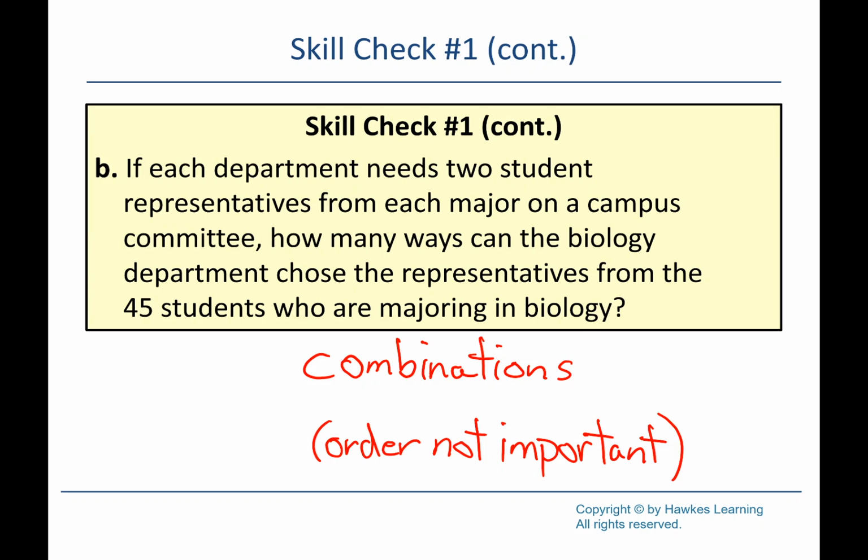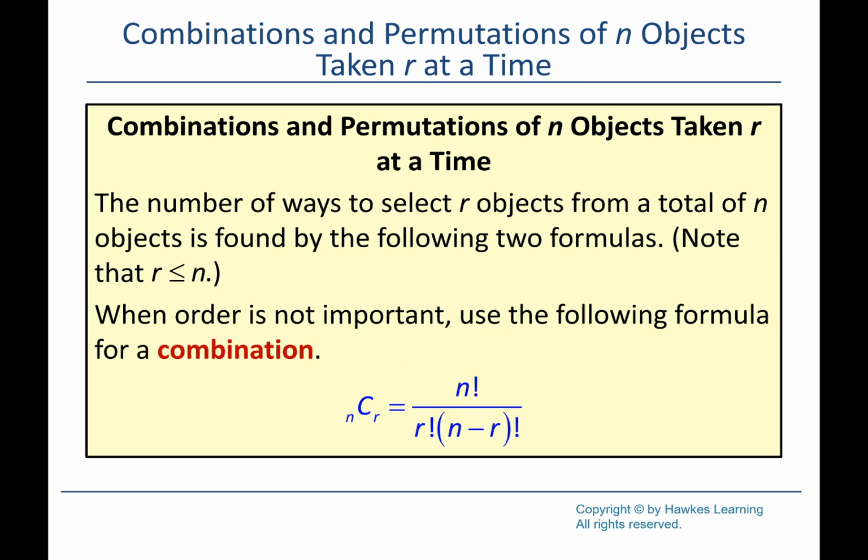Okay, so let's look at the formulas. So if we want to figure out combinations, the idea here is we're selecting r objects out of n possibilities. That's the way it's written down.